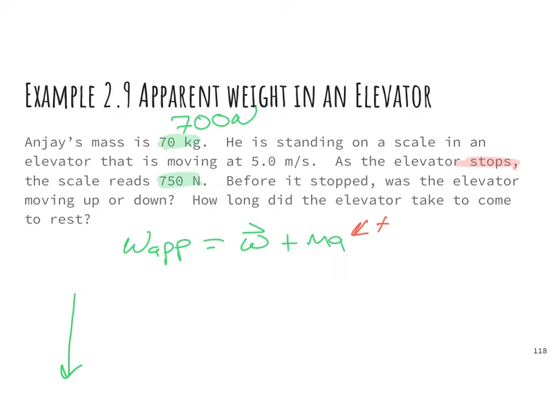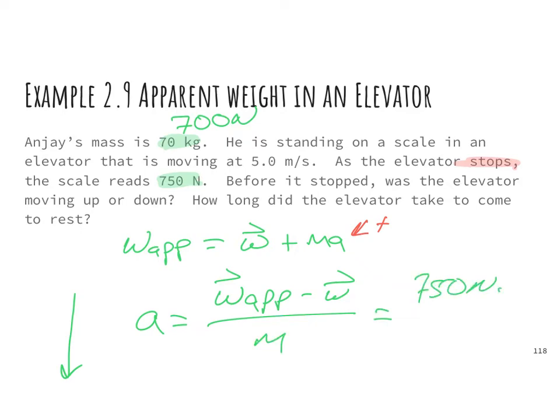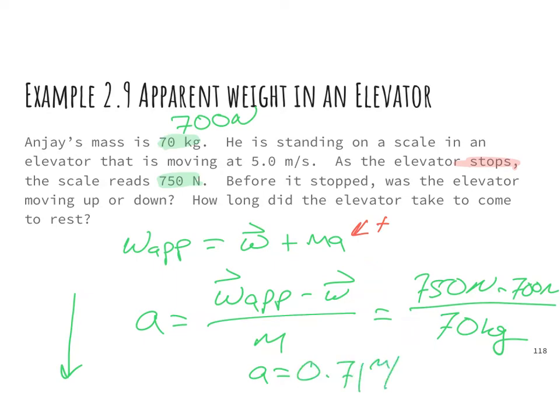The acceleration is going to equal the apparent weight minus the regular weight divided by the mass, which is 750 newtons minus 700 newtons divided by 70 kilograms. I get 50 newtons divided by 70 kilograms, and I get an acceleration of 0.71 meters per second squared.